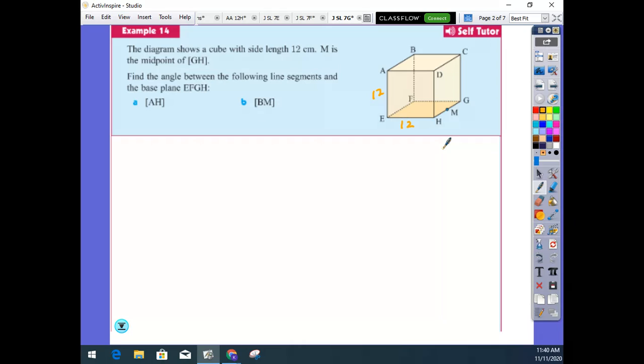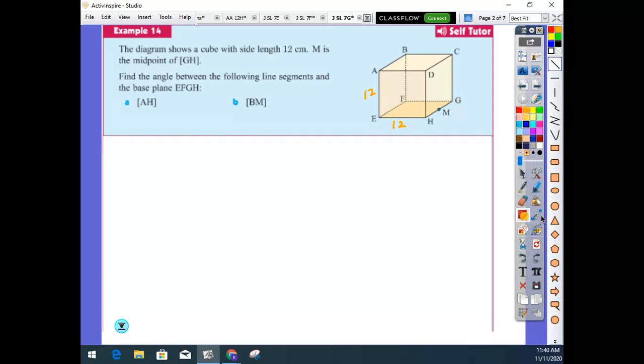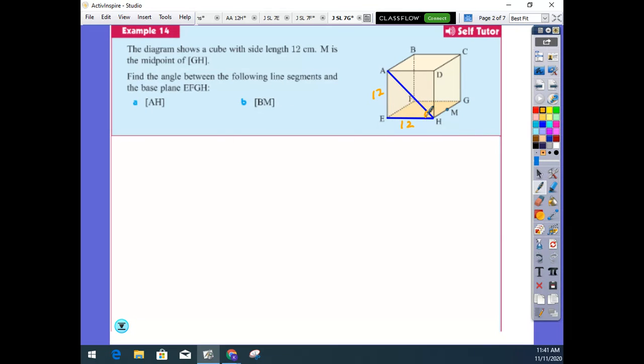First we have to visualize from A to H. It goes from here to here. So where's the projection? Straight underneath is E to H. So this is my angle that we're looking for.